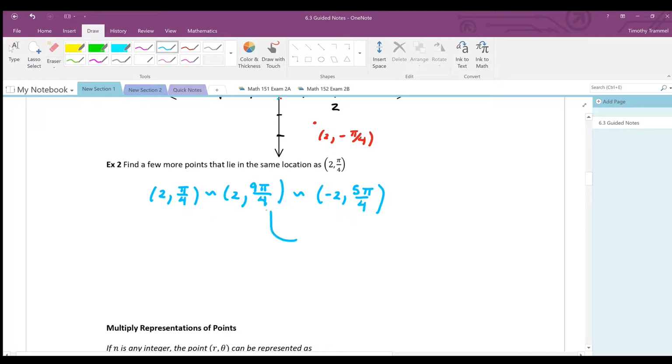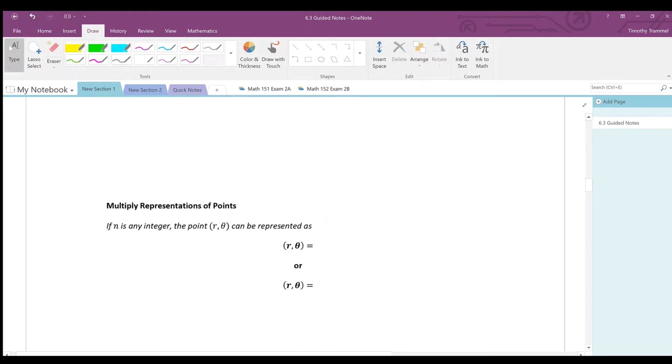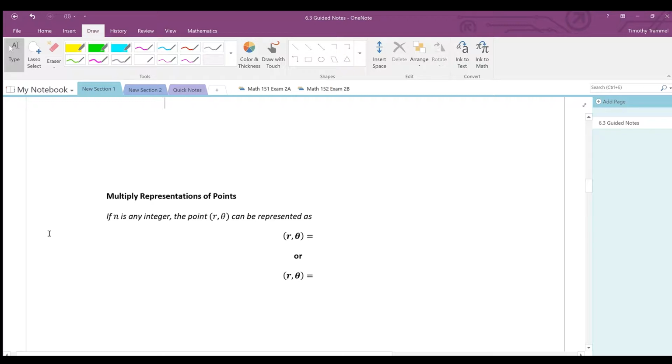If I add multiples of 2 pi to any of these angles, we'll end up with another representation for that point. And so that's all we're going to summarize down here. If n is any integer, the point r comma theta can be represented as blank. Let's go ahead and fill that in. So this can be represented as r comma theta plus 2 pi n.